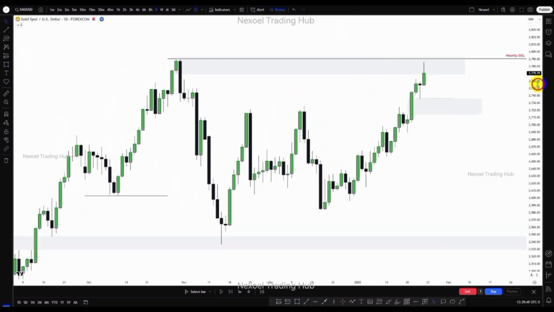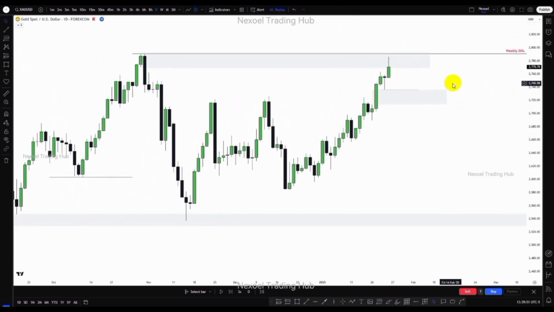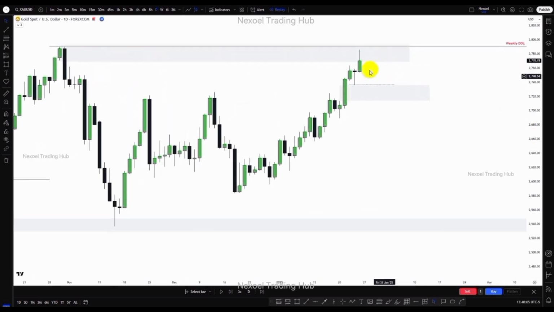What we are clearly seeing from the daily perspective is that price is respecting the bearish daily order block, because here we can see that price is respecting the mean threshold of the bearish order block, and we're seeing the possibility of the rejection of price to the downside before we have the bullish continuation.